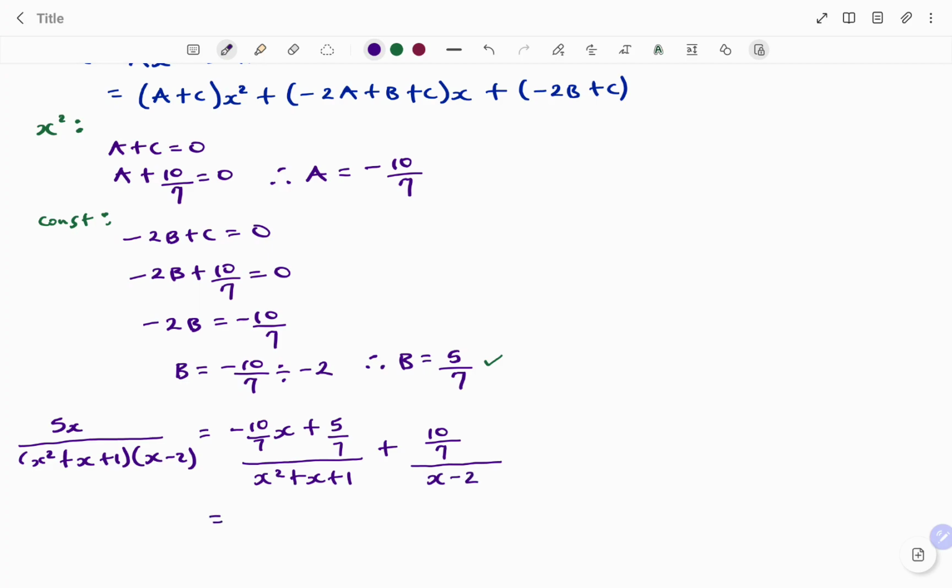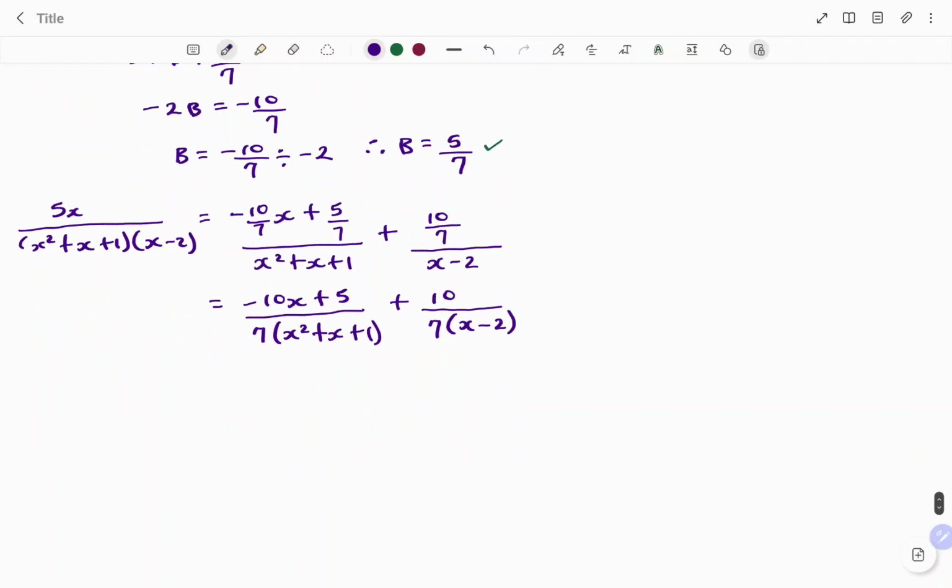That will be, simplifying, at the top, I'm going to take my denominators to the bottom. So I have minus 10x plus 5 divided by 7 into bracket x squared plus x plus 1, plus 10 divided by 7 into x minus 2.